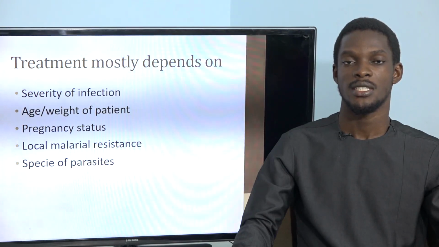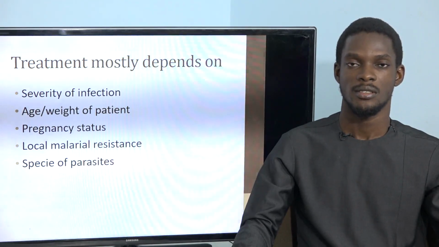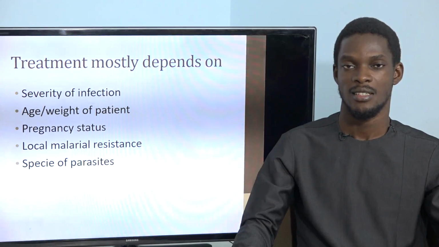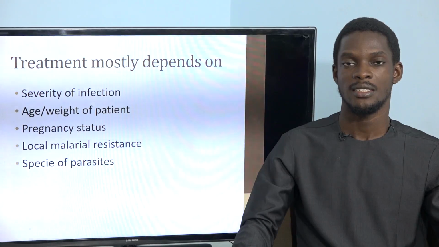The age and weight, like with every other medication, dictate the amount of medication that we should give. Pregnancy status: most medications, with the special exception of quinine and clindamycin, tend to have an effect on the baby, particularly in the first trimester, and can easily cause an abortus.